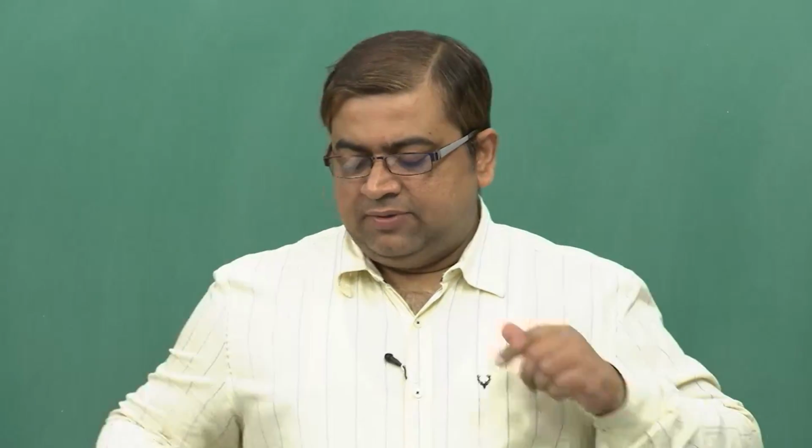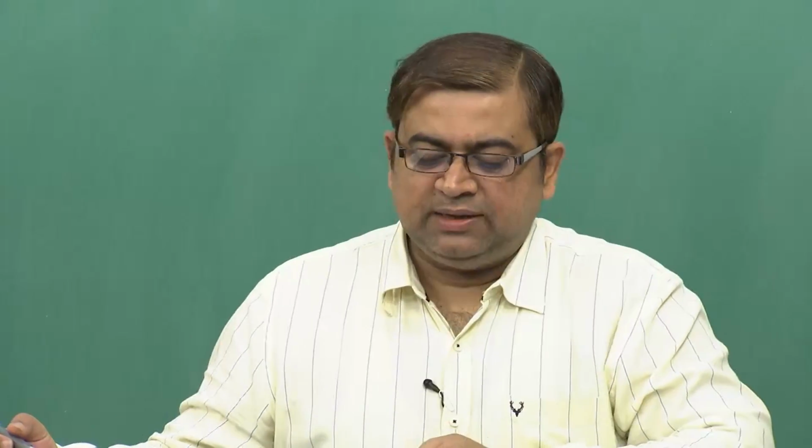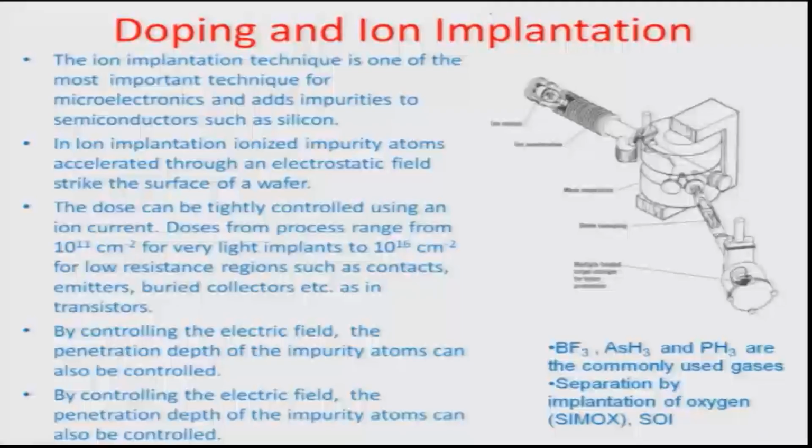The other very important aspect that I would like to discuss with you is again doping and ion implantation. As the name suggests, it is basically impacting of certain ions onto a silicon lattice. Now, silicon can be doped into an N type or a P type. I think most of us are quite aware of what an N type or a P type is, depending on the group of the material that we are doping.